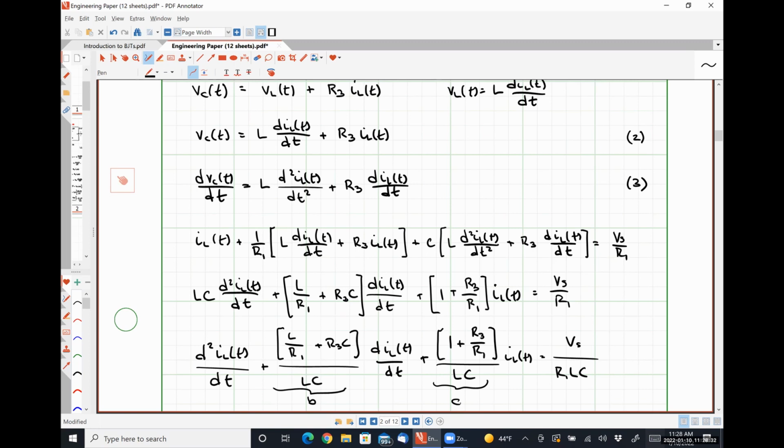So we're going to have 2 over R1, so 2 over 4 plus R3, which was 12 times 0.2. That whole thing divided by L times C, so that's 2 times 0.2.